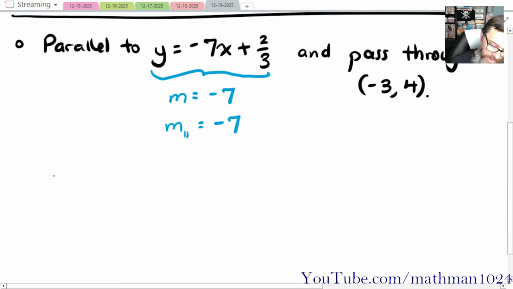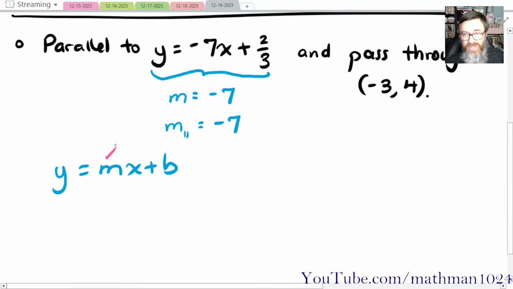And so now I'm going to go into my slope-intercept form, y equals mx plus b. I've got my slope, and as we've been seeing so far, I've got my x and I've got my y coming from this point that we're going through. And so all I would need to find is my b.